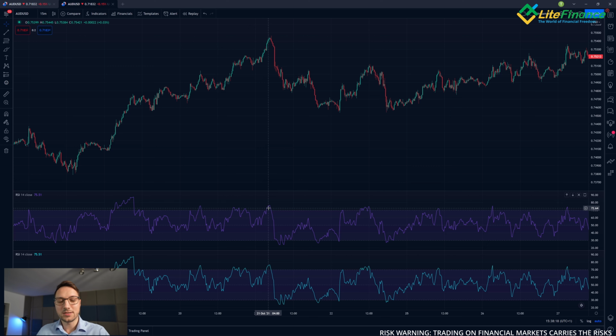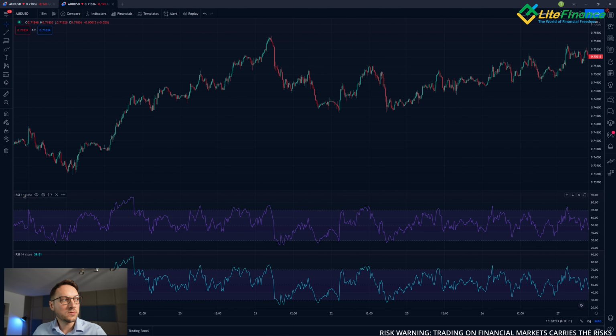Which means, in a nutshell, that when the indicator goes above 70 and starts going back inside this purple channel, it should suggest that you should be looking for short trades, and in the opposite direction the same thing. When the indicator goes below 30 and comes back inside the channel, it should suggest that you could be preparing for a long trade. So that's the basis of the RSI.